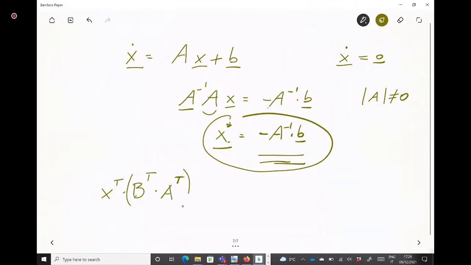So you can just compute this first, and then left multiply by x transpose. Remember that x transpose is a row vector with the two components of x, which was initially defined as a column vector.